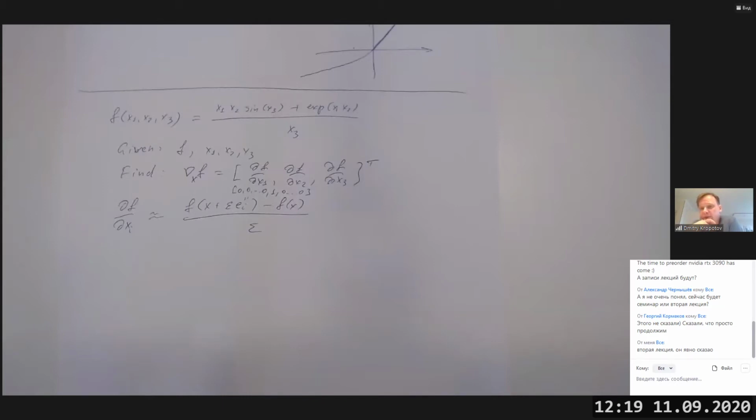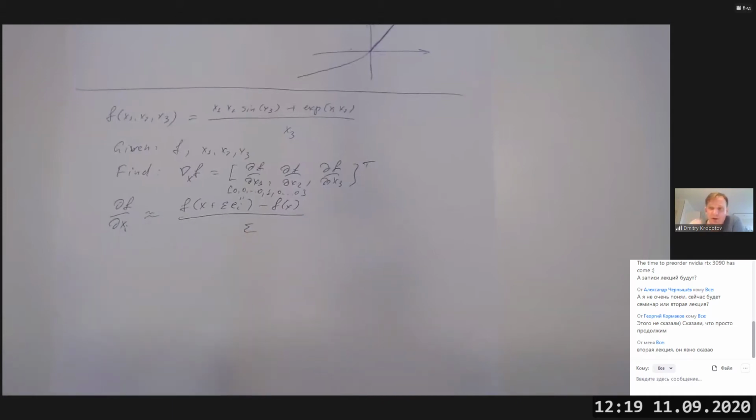Well, actually, the first problem here is that this calculation is not very accurate, because we do all the calculation on computers in float numbers. From a theoretical point of view, this formula comes from the Taylor expansion of a function in the vicinity of the current point x.